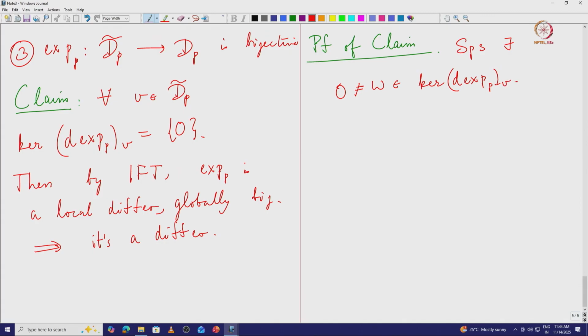But then this implies that if you consider gamma t to be the exponential of tV, then gamma of 1 is conjugate to P along gamma, which implies that gamma of 1 will have to belong to the Cut-Locus, but that's a contradiction.